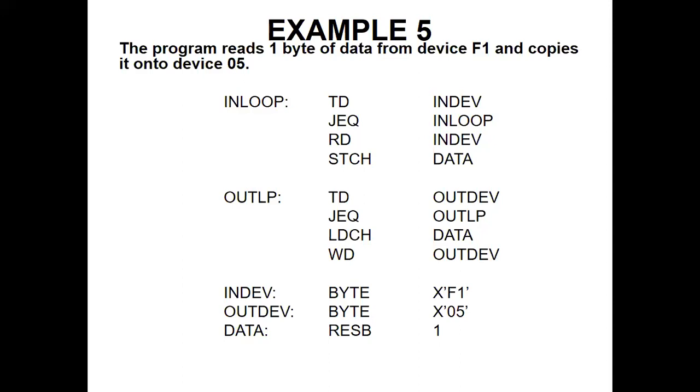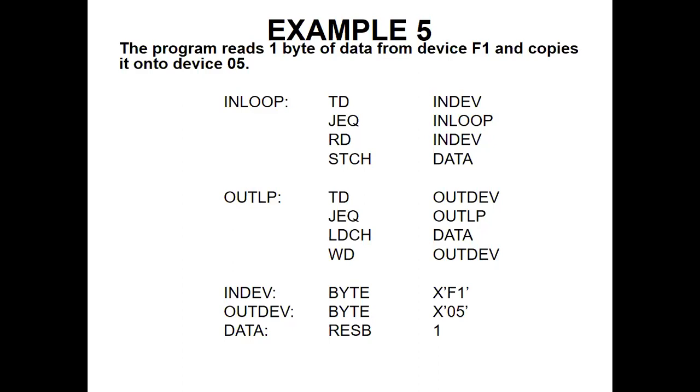So the first instruction is test device, input device, and then jump if equal to in loop. That means go back in case the device is not ready. But if you get an alternative answer, let me say, less than, then you can read. The next instruction is read. Then you can read the input device.